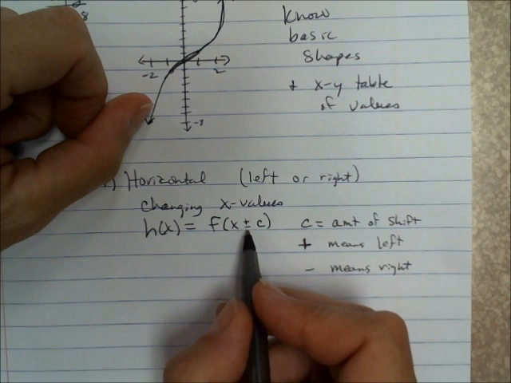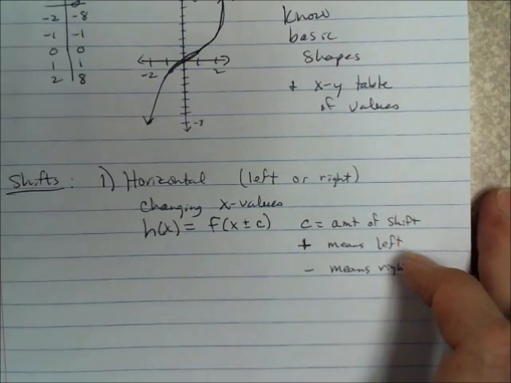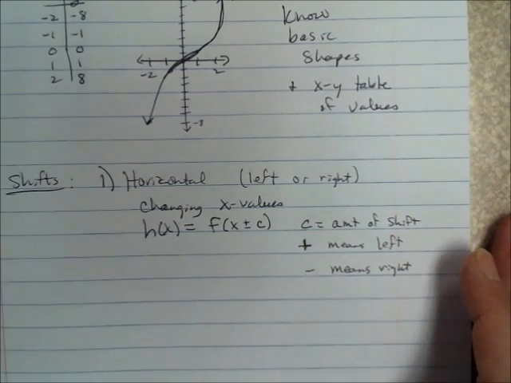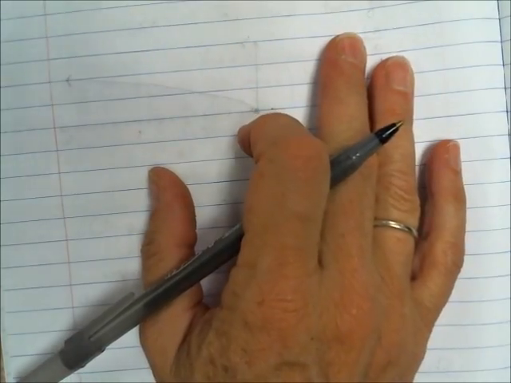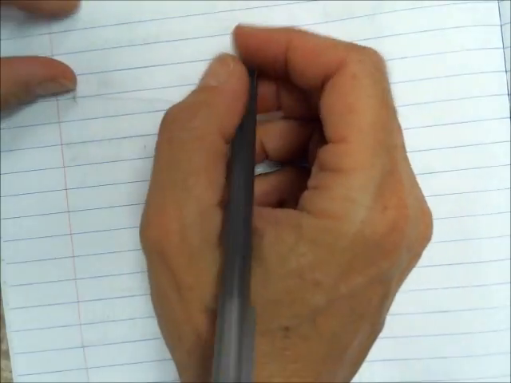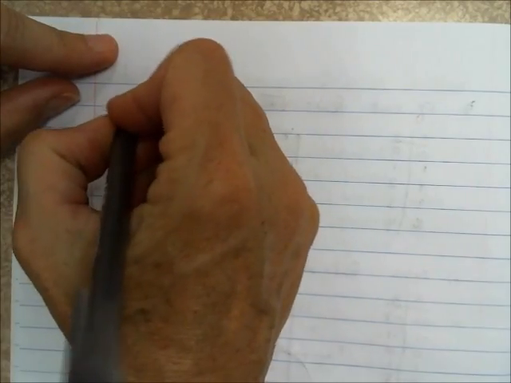If you have x minus 2, it means you're shifting 2 to the right. So we'll go through a couple of examples of shifts horizontally. Okay, so let's say we want to shift a square root function to the left 3, and that'll be our example.